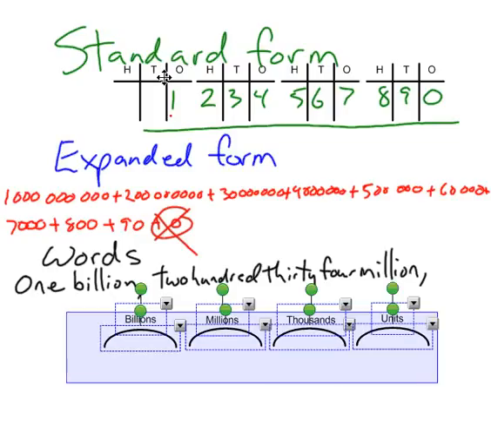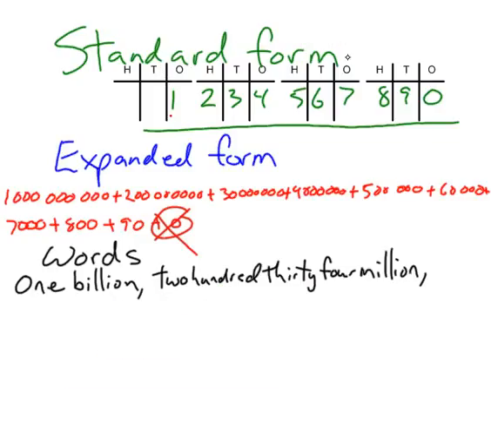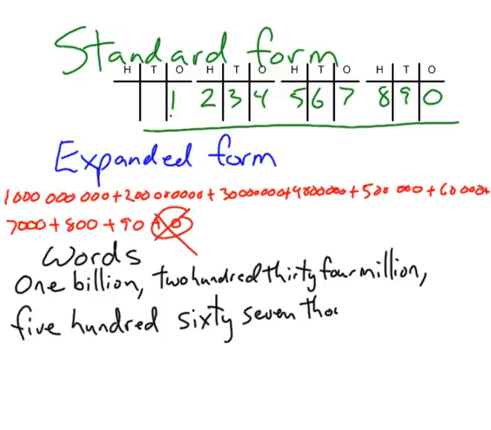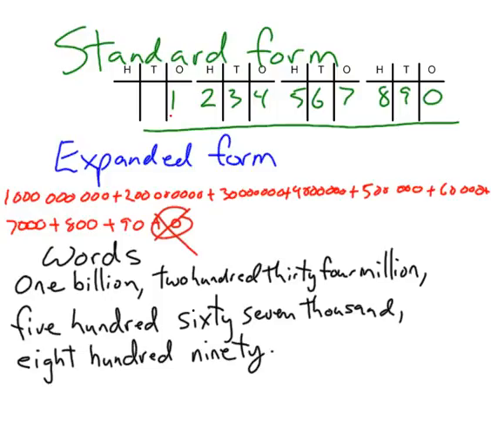Those all separated and got out of my way. What's going on there? Let's get rid of them. 1,234,567,890. It's really exactly as you'd say it.